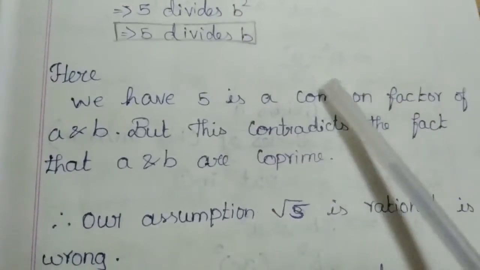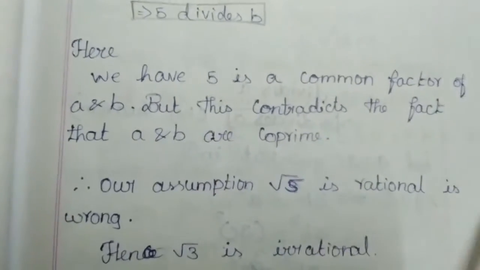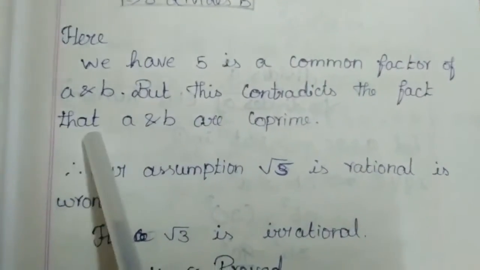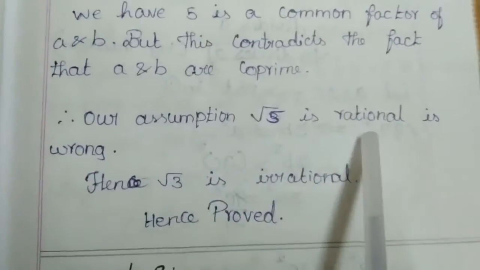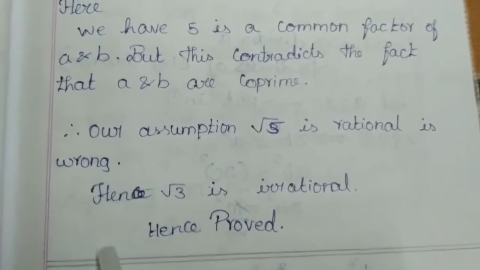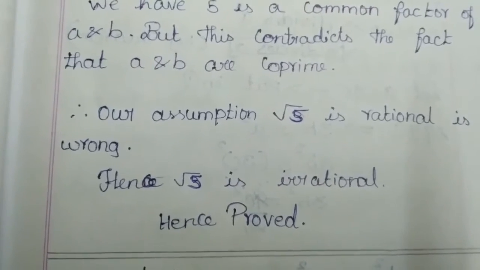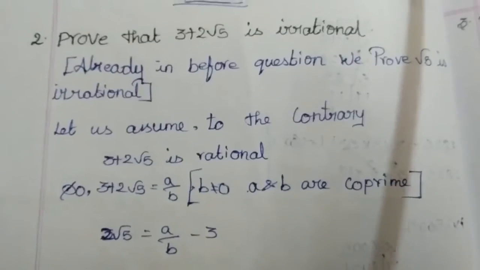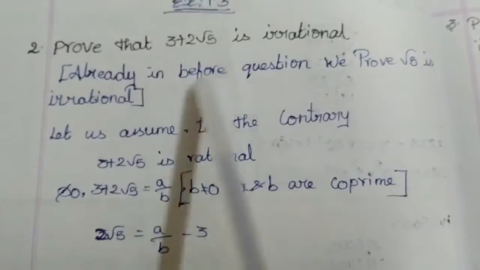Here we have 5 as a common factor of a and b, but this contradicts the fact that a and b are coprime. Hence our assumption that root 5 is rational is wrong. So root 5 is irrational. Hence proved.